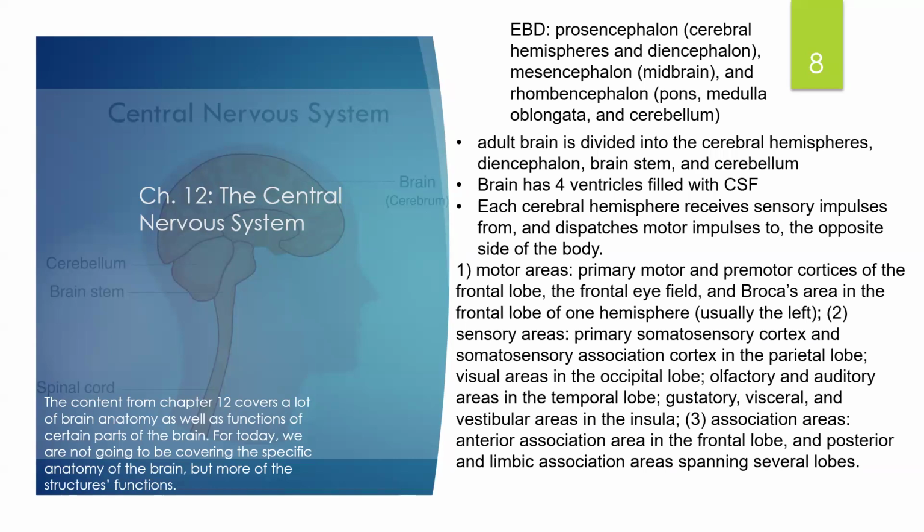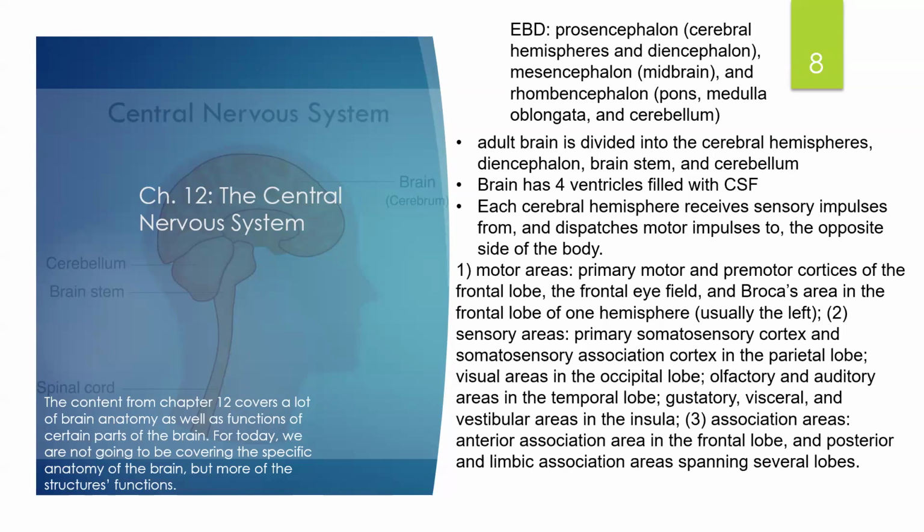Okay, I know this is a lot. I'm going to break it down. So your adult brain is divided into the cerebral hemispheres, the diencephalon, brainstem, and cerebellum. When we are talking about brains in general, we're usually always talking about a fully developed adult brain.